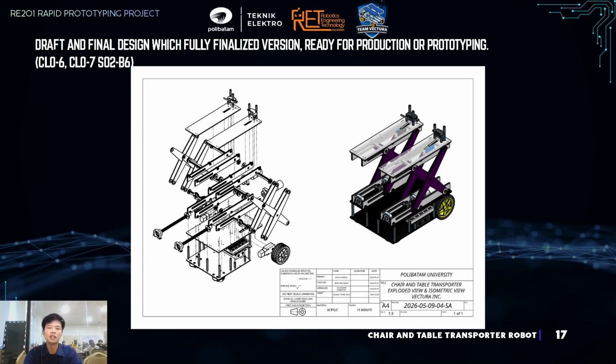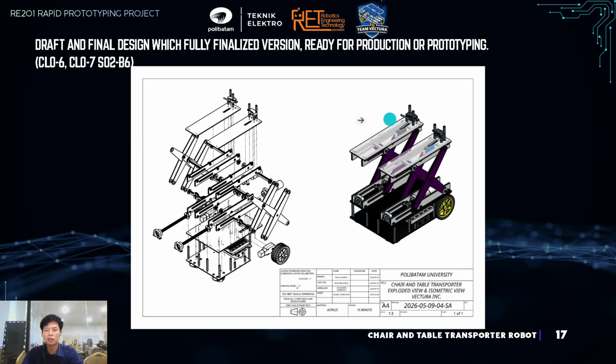This is our first draft and final design, which is the new finalized version ready for production of the prototype. This one is an exploded drawing. You can see each part is located lower or higher, so you can see the assembly process.